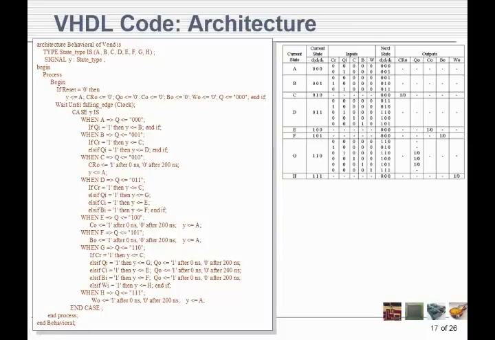other inputs, but it does say CR0, coin return out, is assigned a 1 after 0 nanoseconds. So immediately it's assigned a 1, comma, a 0 then after 200 nanoseconds.